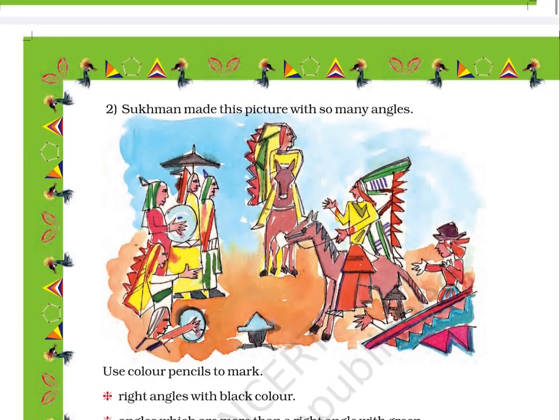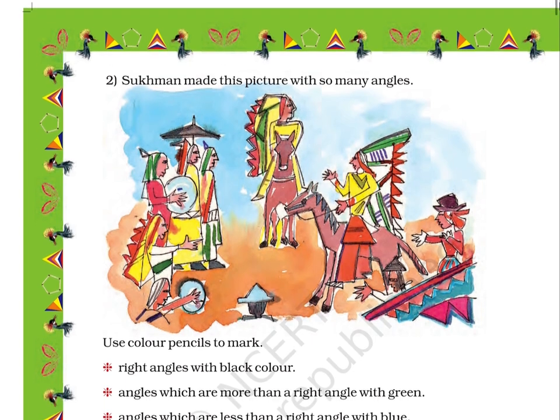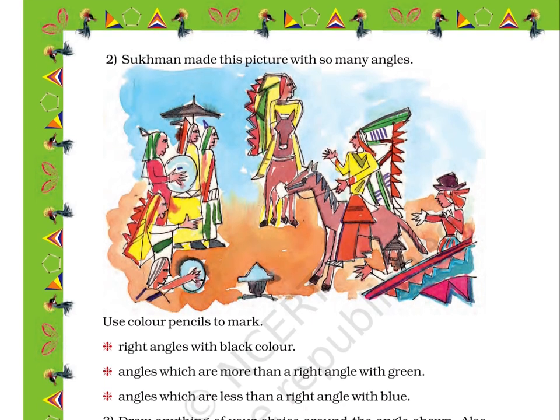Page 22. 2. Sukhman made this picture with so many angles. Below this we have a picture of a procession made by a lot of angles.